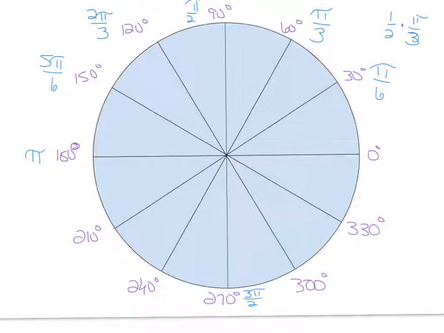This would be 7 pi over 6, which doesn't simplify. 240 degrees would be 8 pi over 6, but that would simplify into 4 pi over 3. This would be 9 pi over 6, which simplifies. 10 pi over 6 is going to become 5 pi over 3. This would be 11 pi over 6. And then 12 pi over 6, or 2 pi, would be 360 degrees.